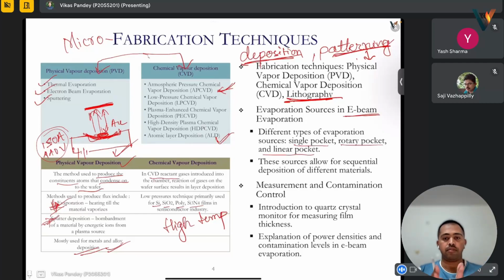So single pocket or single crucible where electron beam is directed and it will evaporate that, or rotary pocket where the electron beam's position is fixed but the crucible or the pocket moves. Then is linear pocket where the electron beam is linearly focused over different pockets.